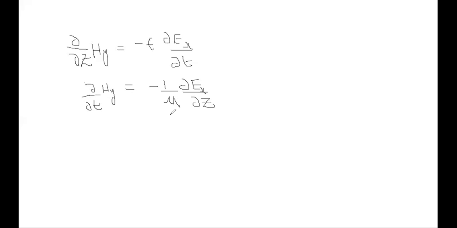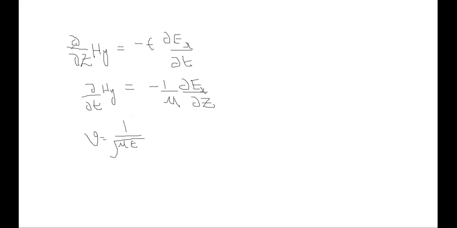And also using these two equations we derive another expression, V, the velocity of light, in terms of permeability and permittivity: V is equal to 1 by under root of mu epsilon naught. How is it?